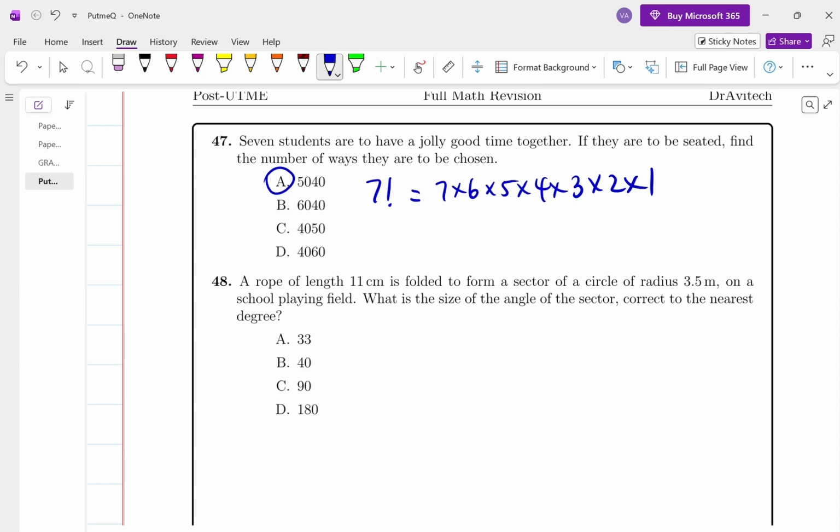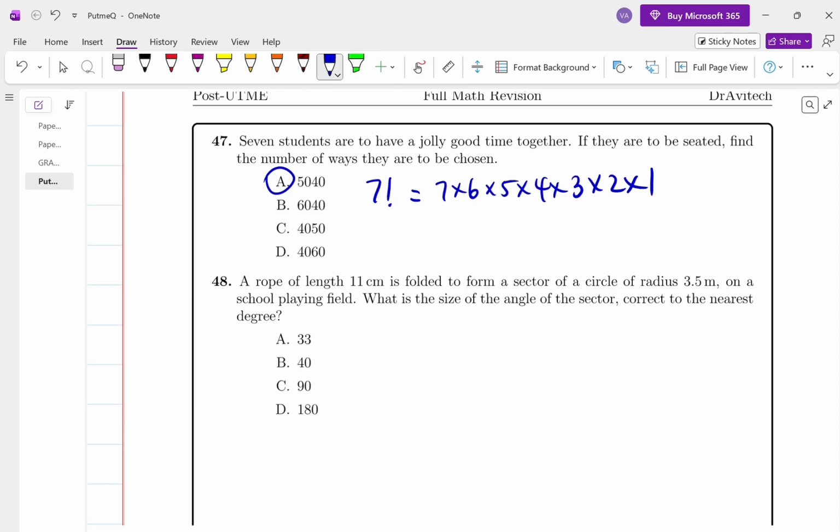A rope of length 11 centimeters is folded to form a sector of a circle of radius 3.5 meters on the school playing field. What is the size of the angle of the sector correct to the nearest degree?